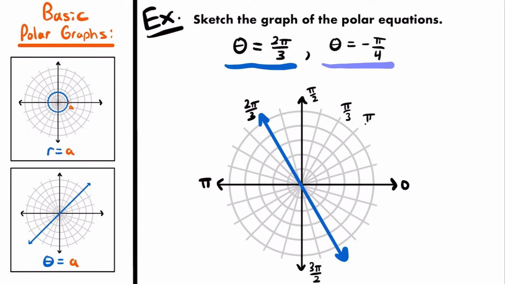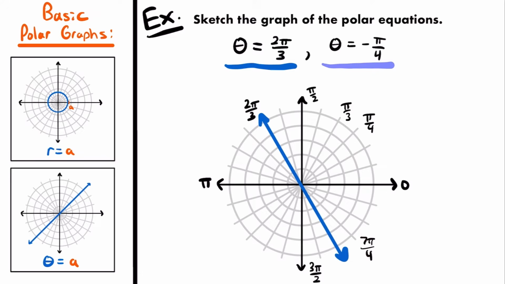This angle is π/4, which means if we're going below the polar axis, that will take us halfway to 3π/2. So that will be this angle right here, and that angle would be 7π/4, because 8π/4 would be 2π, and that would make a full circle. And 7π/4 is π/4 less than 2π, or 8π/4.